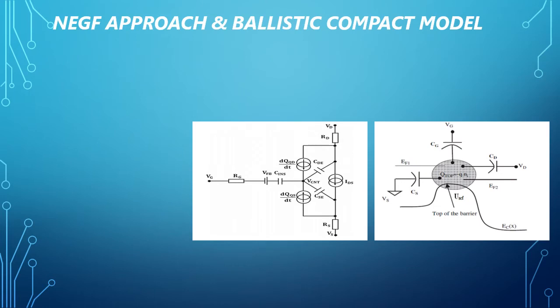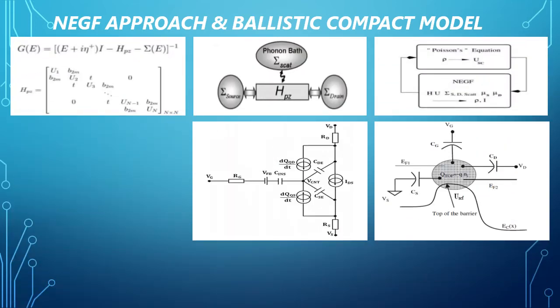In this slide, you can see there are two diagrams which we have covered in the previous slide for the electrical models for the SB CNT FET and the MOSFET-like CNT FET. Now I am going to talk about the NEGF approach, which is only applicable for the Schottky barrier CNT FET.